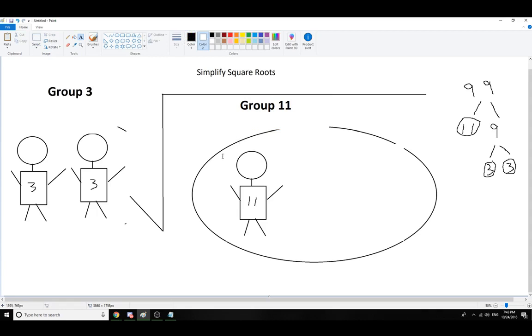So Group 11 is left in the jail. And so when you look at this, you have Group 3 outside of the jail and Group 11 inside the jail. So this is what you have. 3 is outside, and inside is root 11. I hope this helped, guys.